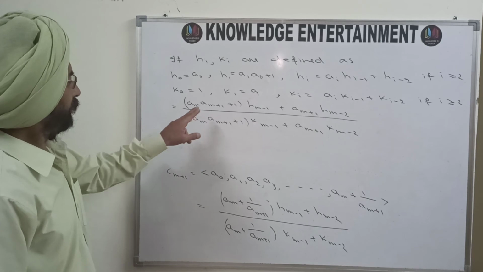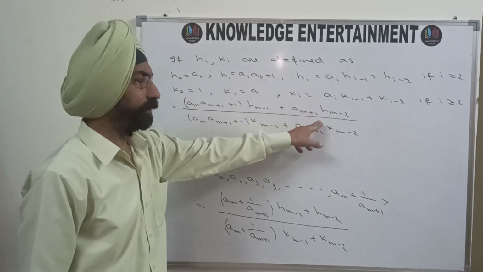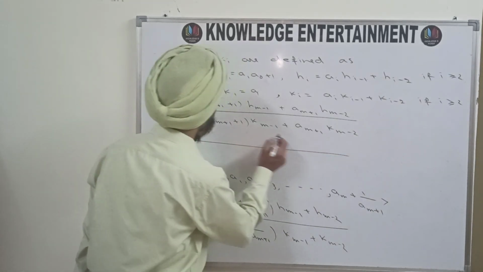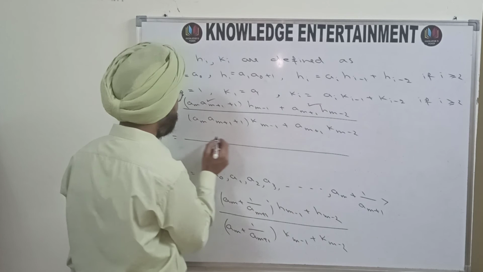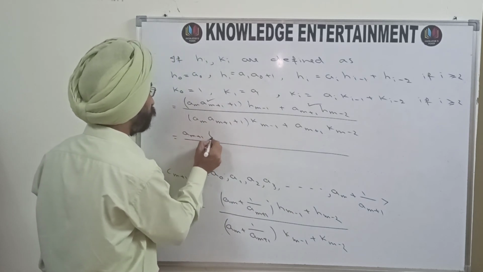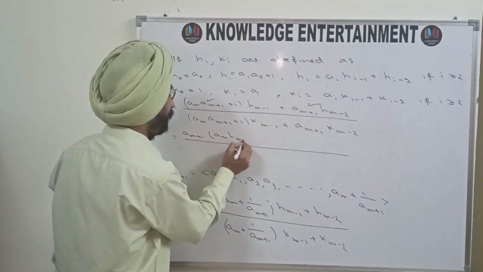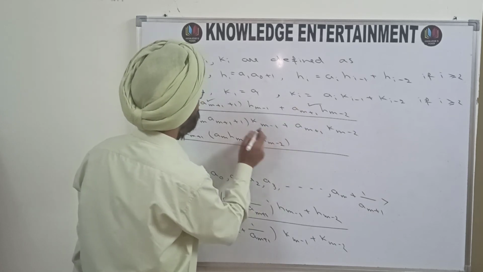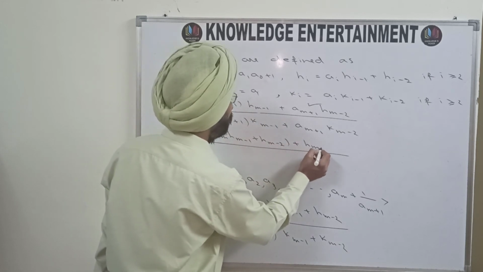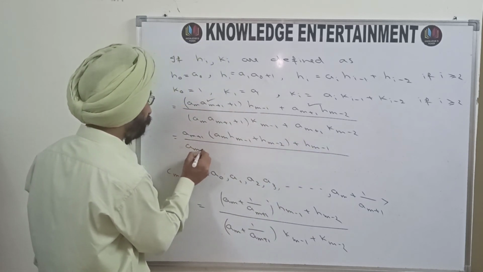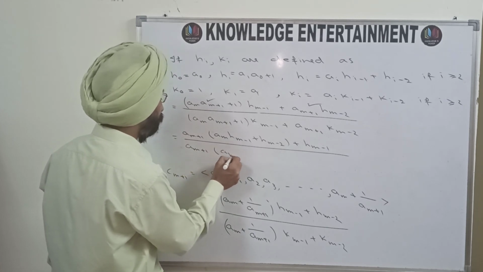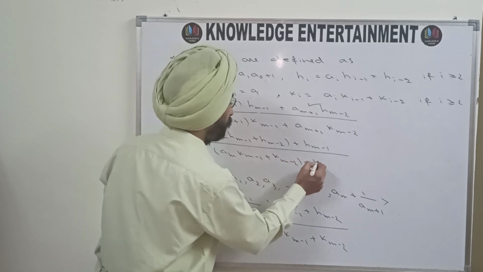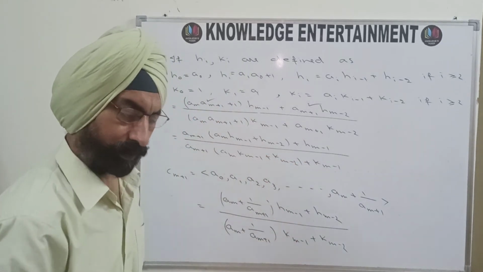Now look that in the first term and in the last term, Am plus 1 is common. So taking Am plus 1 common from this term and this term, you will get Am Hm minus 1 plus Hm minus 2, and one more term is there, Hm minus 1. Similarly, Am plus 1, Am Km minus 1 plus Km minus 2 plus Km minus 1.